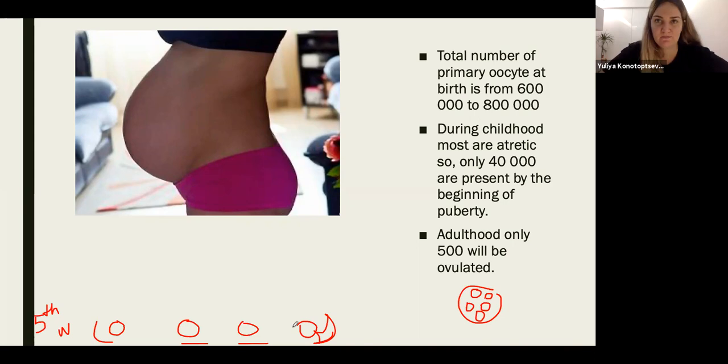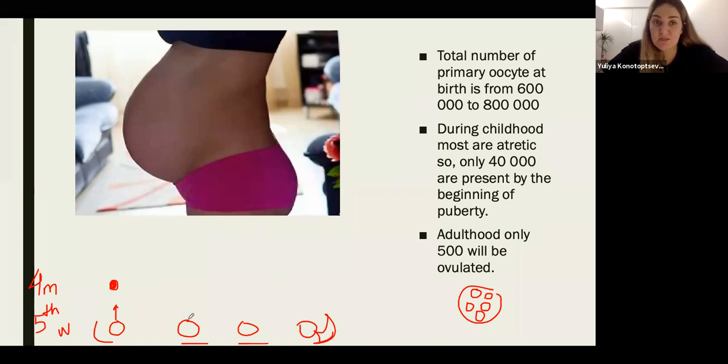That's it. 3 months later, when your embryo reaches 4 months of age, you're going to see that some PGCs have become oogonia. They have done the first step. They are now oogonia.